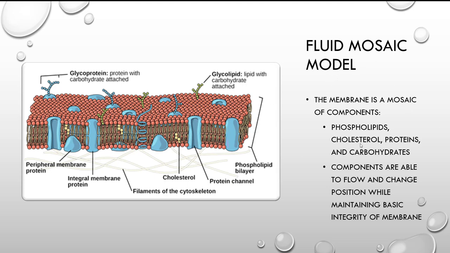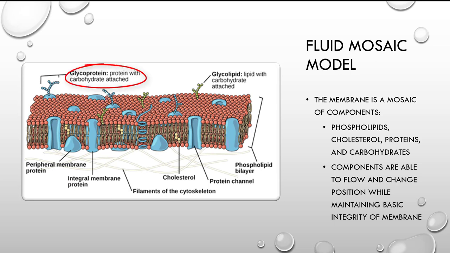We also have cholesterol. You can see the cholesterol that is integrated within the phospholipid bilayer. We also have proteins. You can see some of them are embedded within the bilayer, some of them are attached to the surface of the bilayer. And then finally we have carbohydrates.